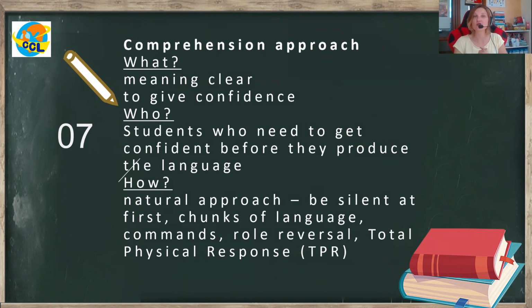Now, the 7th approach, we are getting to a close, is the comprehension approach. That is 1980, okay, it was a mixture. It was about inductive and deductive grammar teaching.